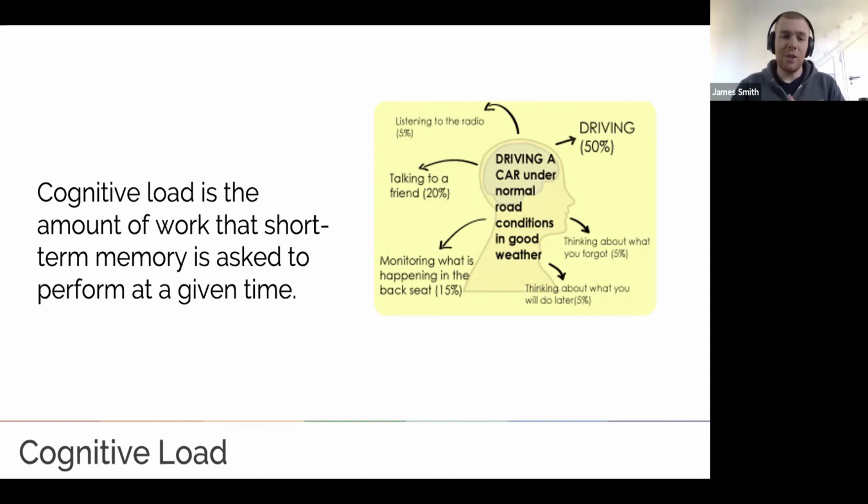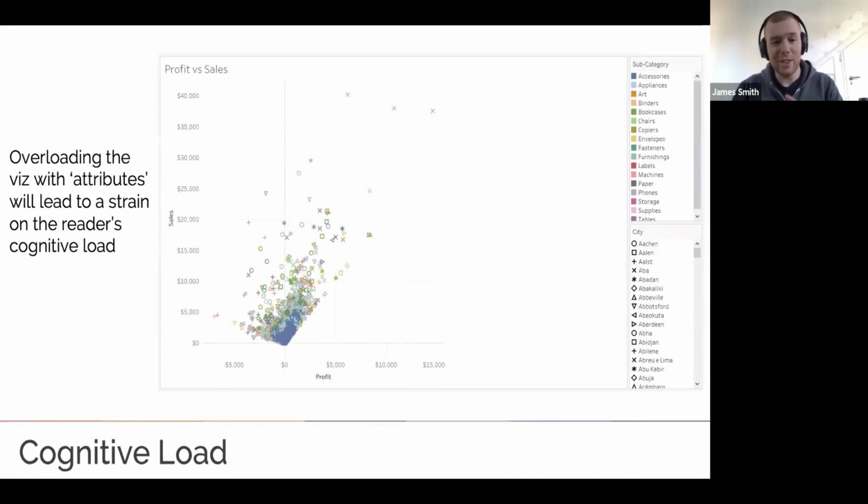And exactly the same concept applies when you're visualizing data. If you try and overload something, so here is an example where this is the sales data, we've dropped the subcategory and the city onto the various marks attributes. So one of them on color, one of them onto city. And all of a sudden it looks extremely crowded. Our brain can't quickly commit to the short-term memory what each of these different things mean.